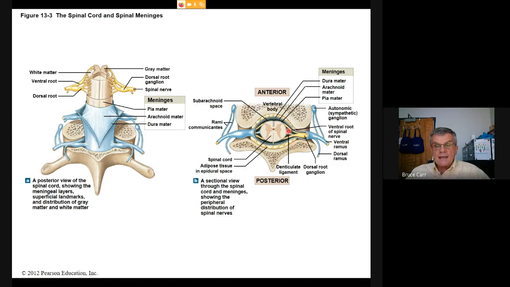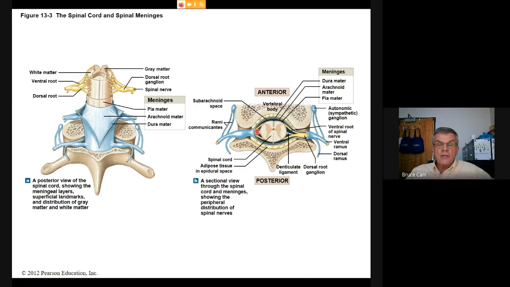Now, this black, as I said, is filled with cerebrospinal fluid. It's not just nourishing. It's not just a diffusion medium for oxygen and glucose. It is, in fact, a hydraulic shock absorber. So this gives the spinal cord the ability to move somewhat around in this space, but when it tries to shift in this space, the fluid resists it and cushions it all up and down its length.